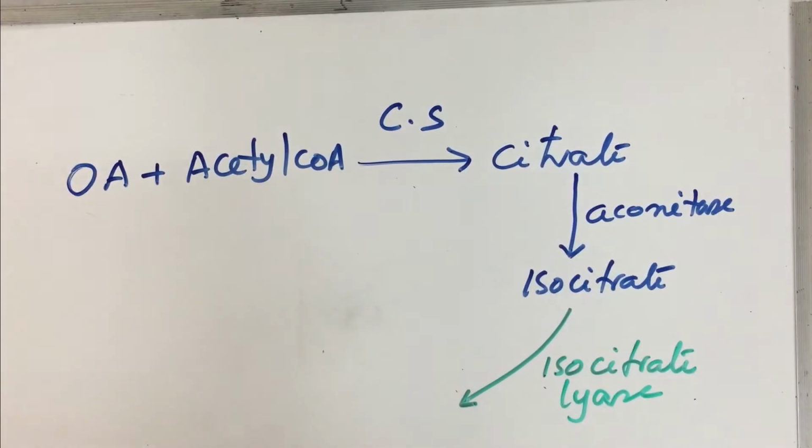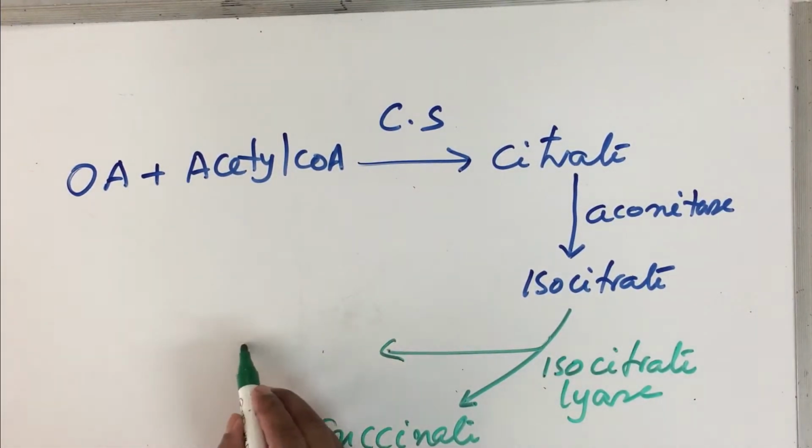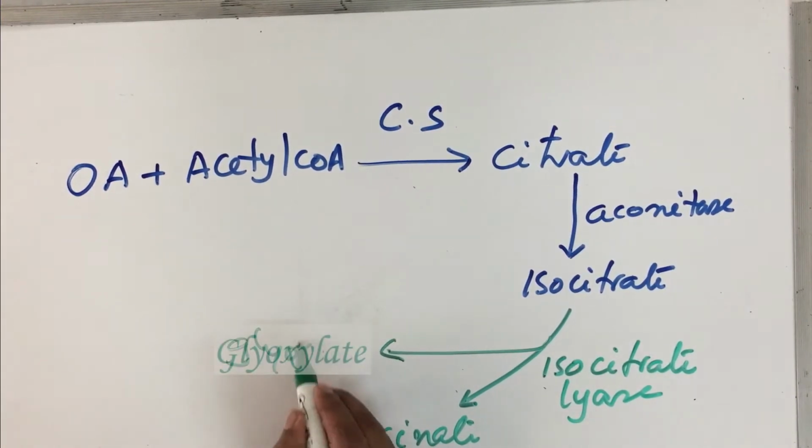Isocitrate lyase will cleave this into two products. One is succinate, which you know is part of the TCA cycle. The other product is very important for us. That product is glyoxylate. See how we are bypassing the TCA cycle.